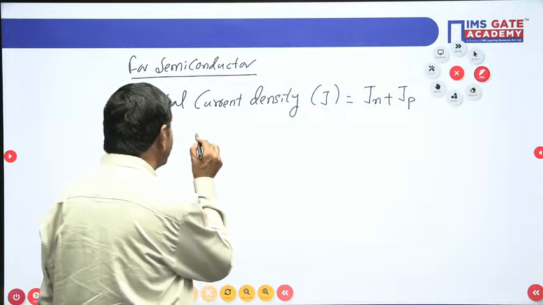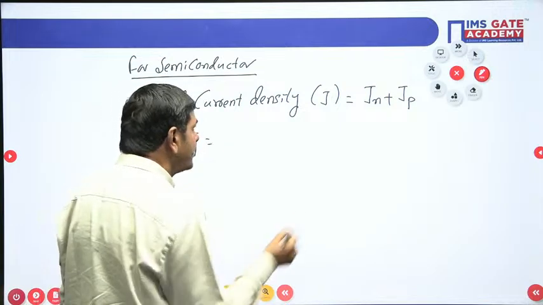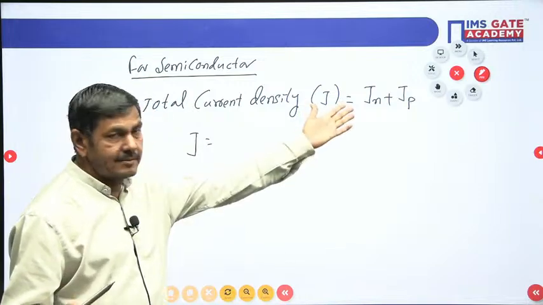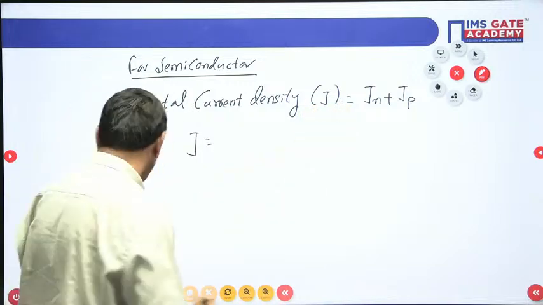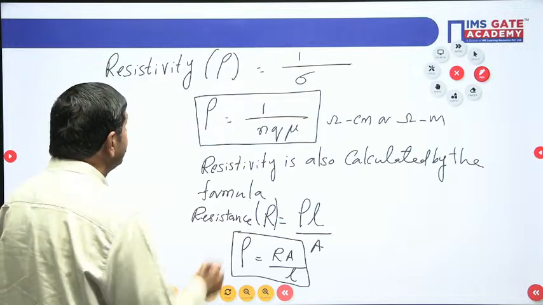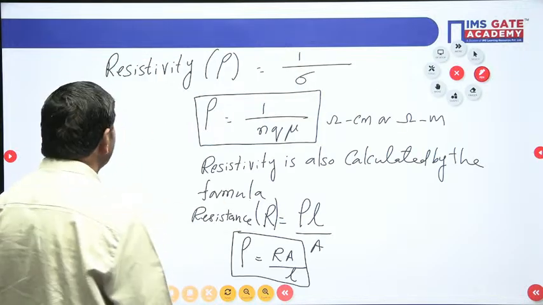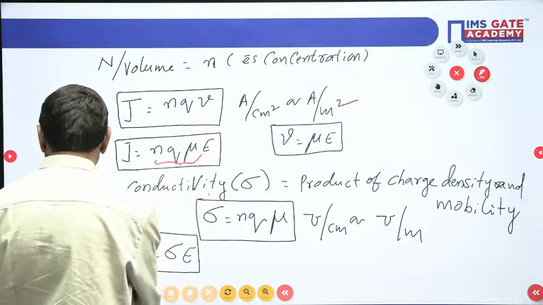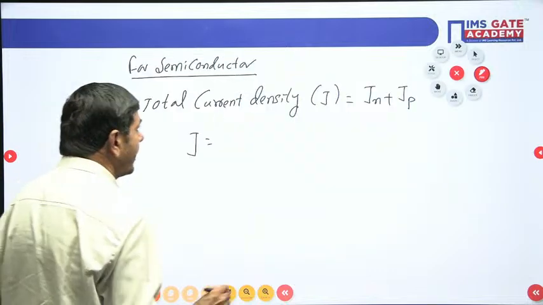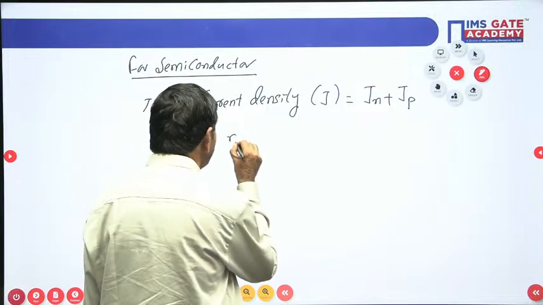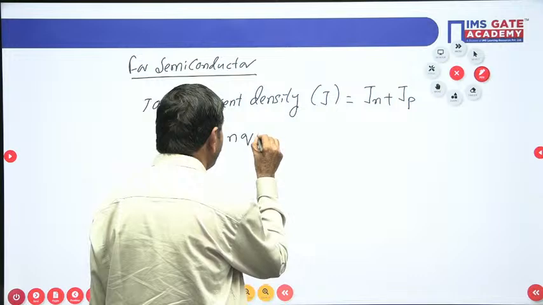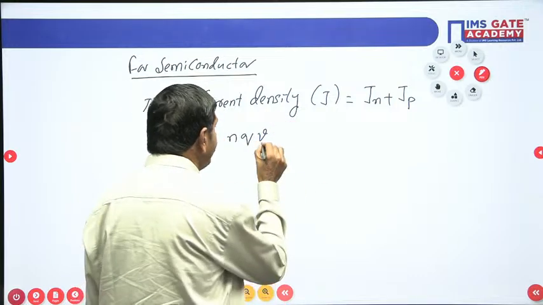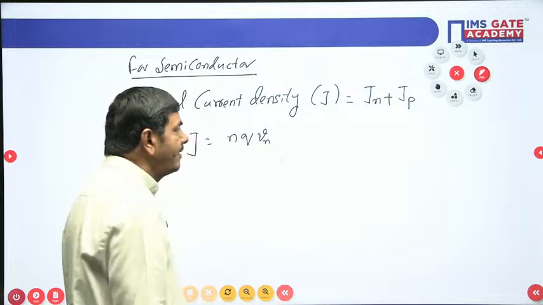Finally, what is Jn here? What formula can you use? In conductors I already gave the current density, N into Q into V. V is the velocity of electron, Vn.